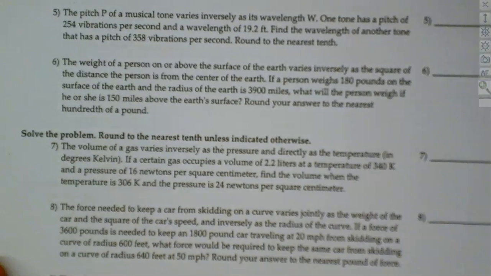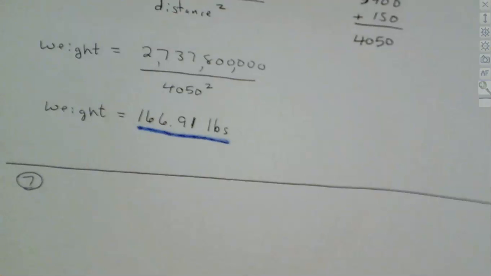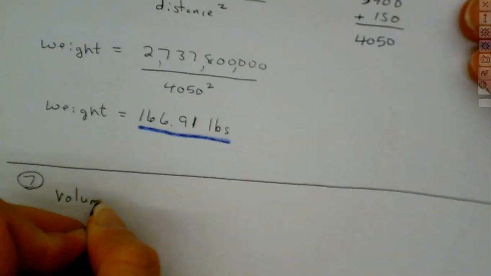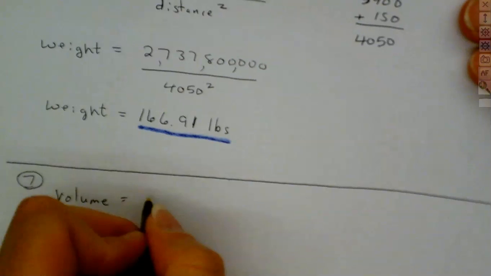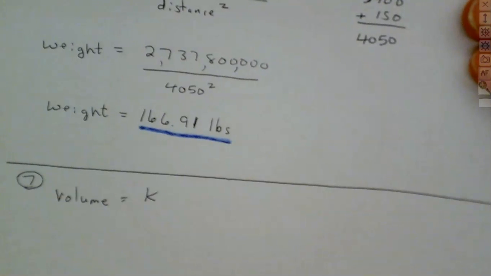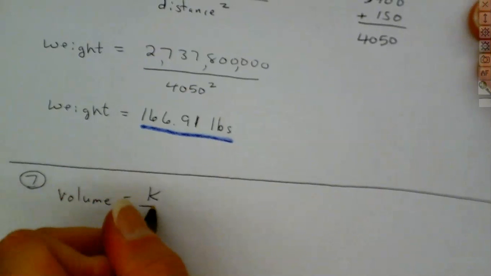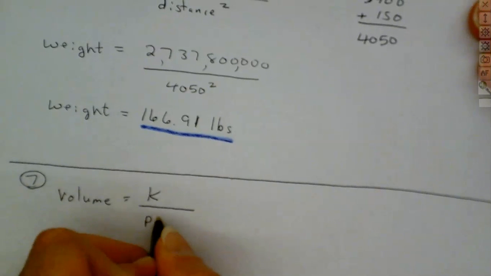So what does our formula look like? Well, we're starting off with the volume. And the volume is going to equal K. And what are we going to multiply that by? We're going to multiply that inversely by the pressure. So inversely by the pressure means the pressure is below.